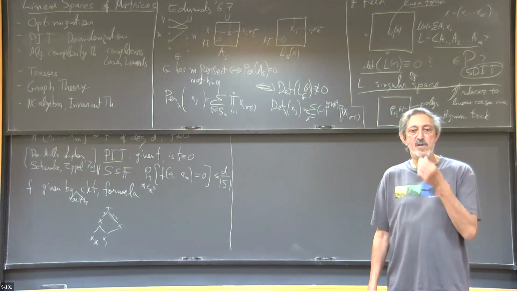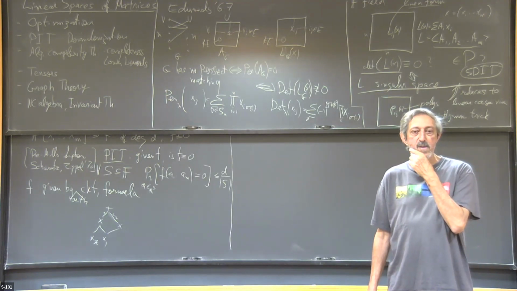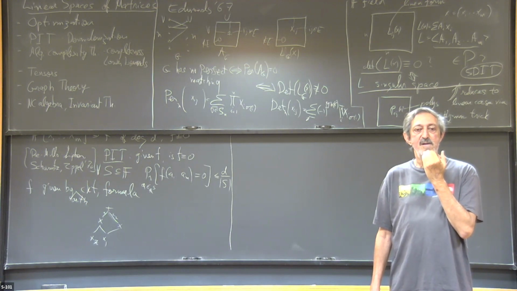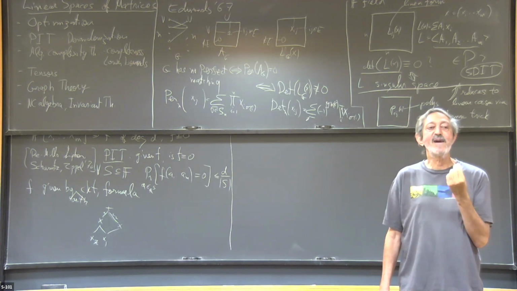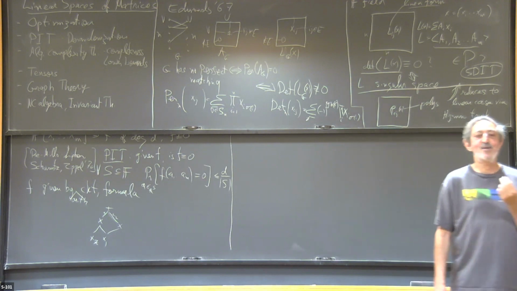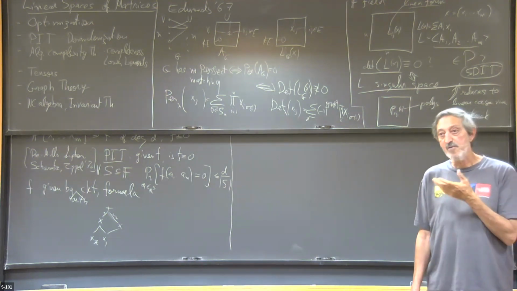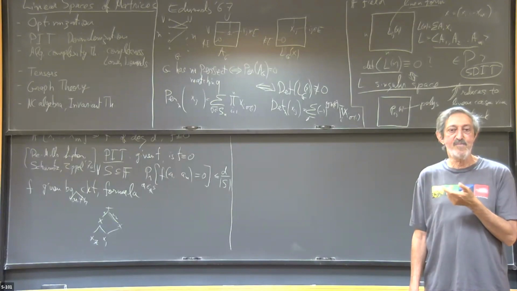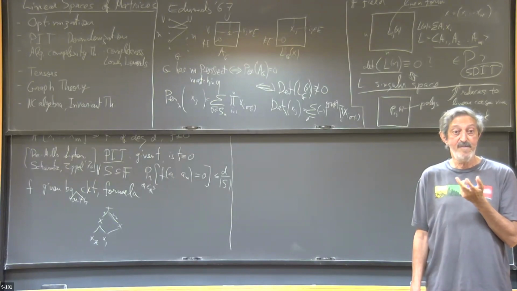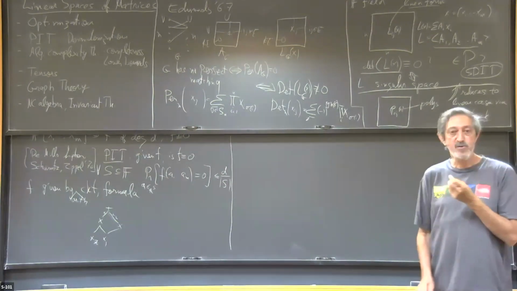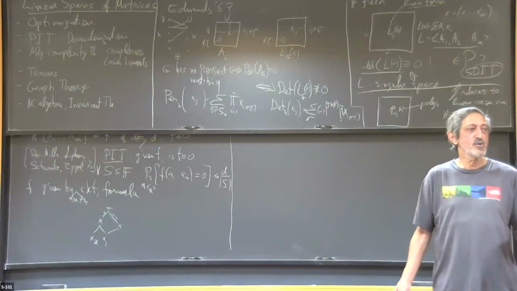How do you get it to triangular form? Gaussian elimination. What operations do you need for Gaussian elimination? You add and you multiply and you divide. Yeah. But I didn't allow you division. It's a polynomial. Why should you divide?